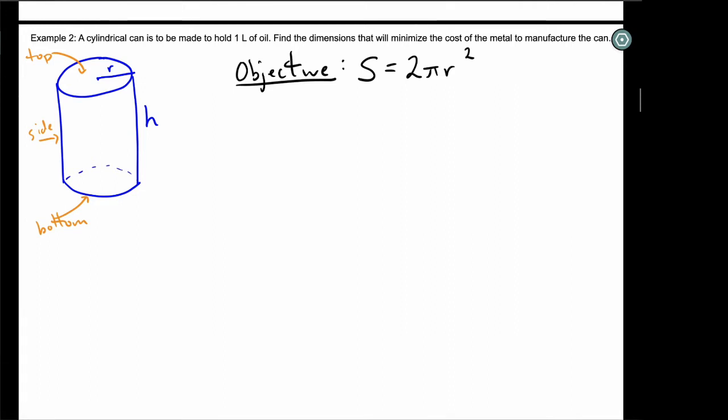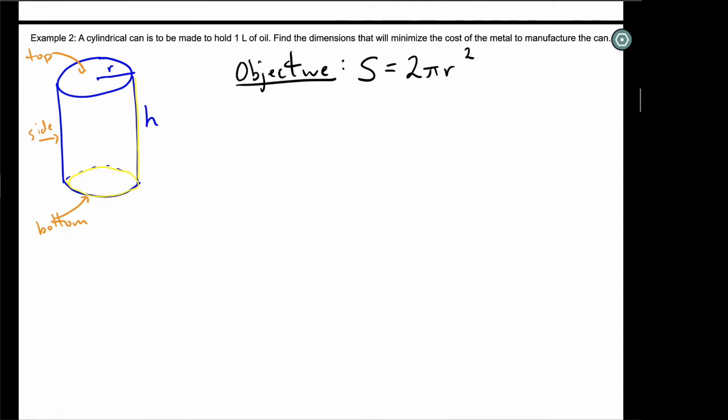Now to get the lateral area of this cylinder, we're going to take the length of the bottom and multiply it by the height. It's the same kind of principle to find the area of any sort of thing. In some sense, you just take the length times height. You can also imagine cutting this cylindrical can along the side and flattening it to a rectangle, and then you can really see that it's length times height.